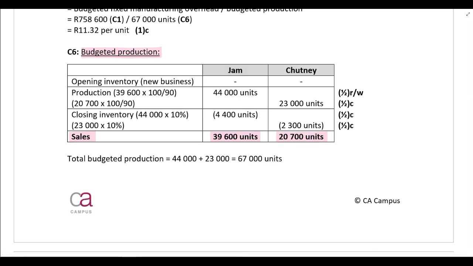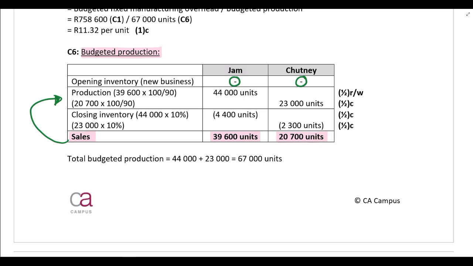Then remember, guys, this is a new business, so there won't be any units in opening inventory. So once again, we are going to have to work backwards by using the budgeted sales volumes to calculate budgeted production. And remember, guys, the logic is always you multiply by what you want and you divide by what you've got. We've got budgeted sales.